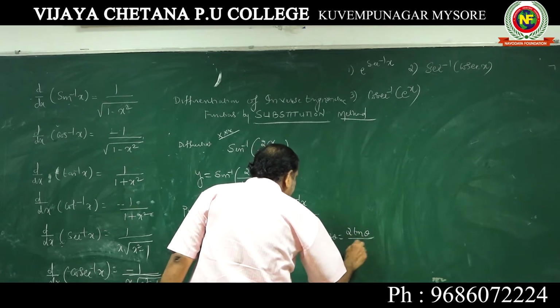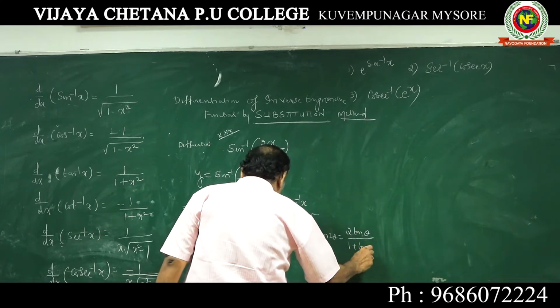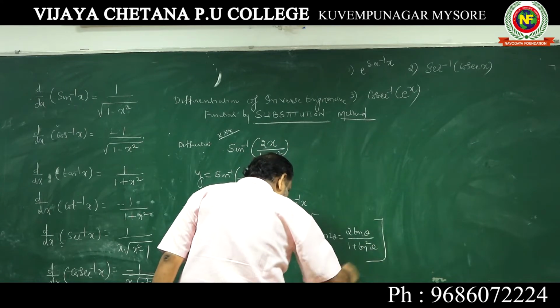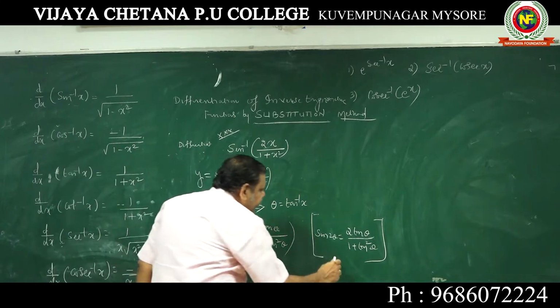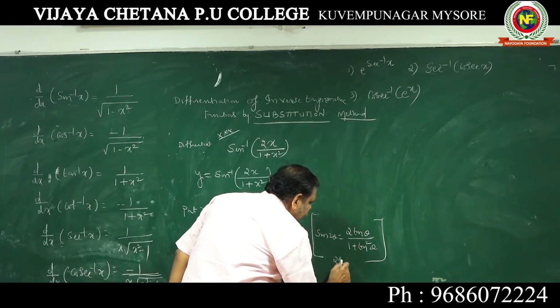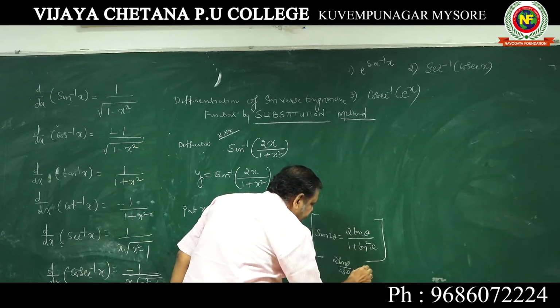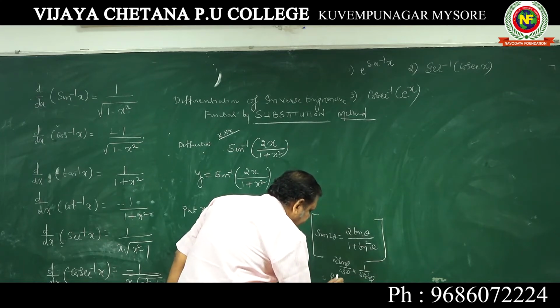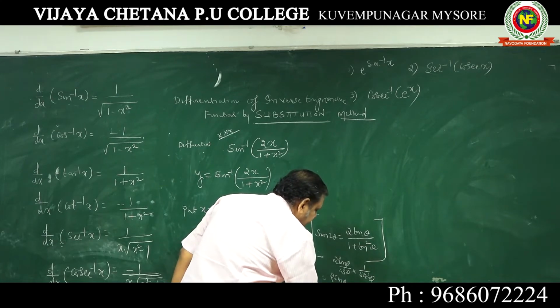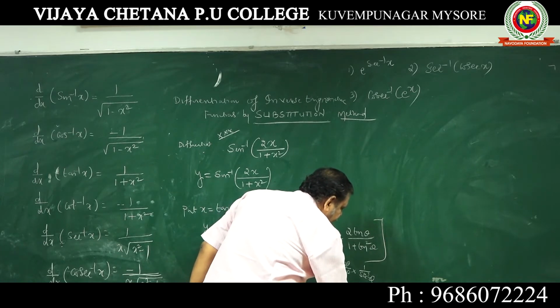Last year I gave you very important formulas. You can simplify and see: 2 tan theta is sin theta by cos theta into 1 over 1 plus tan square theta, which is 1 over sec square theta, that is nothing but 2 sin theta by cos theta into cos square theta, or 2 sin theta cos theta, that is nothing but sin 2 theta.